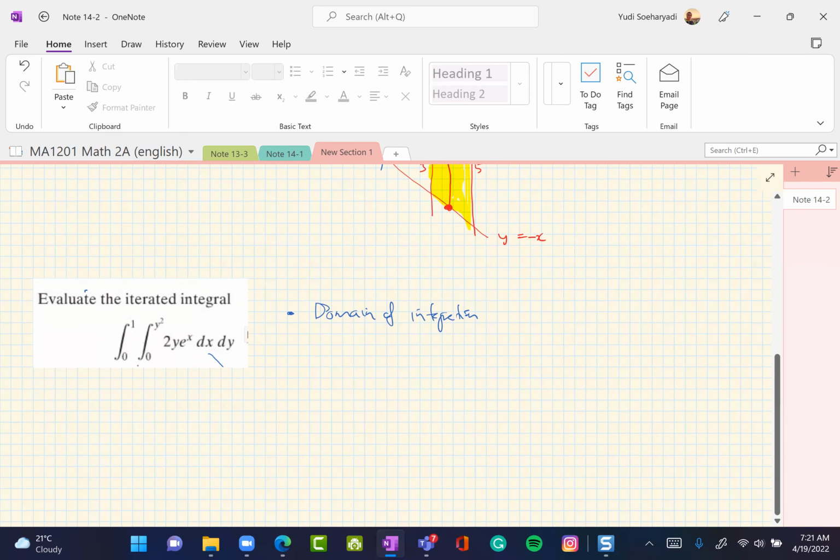Okay, we see that from here, this is the x, this is the y. So x here, from left to right, is going from 0 to y squared.